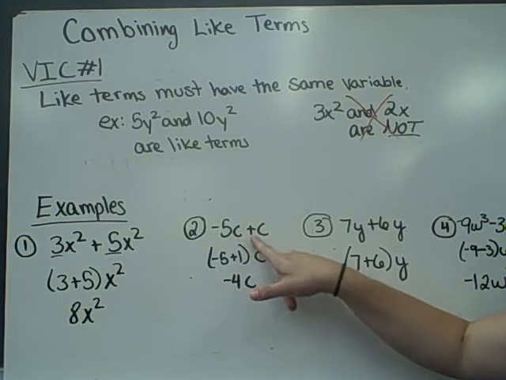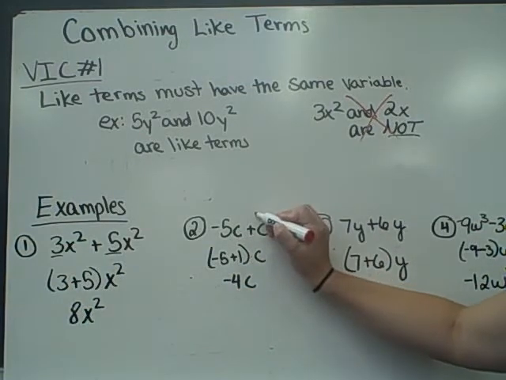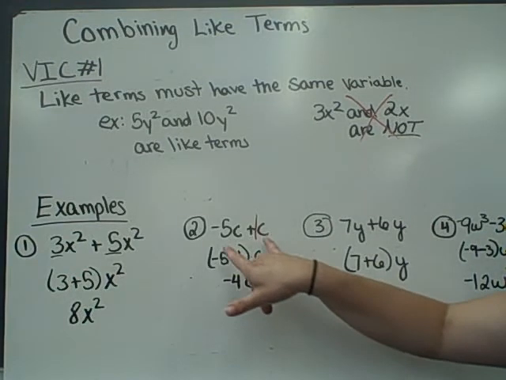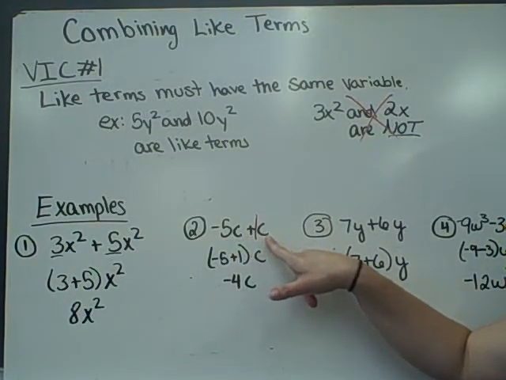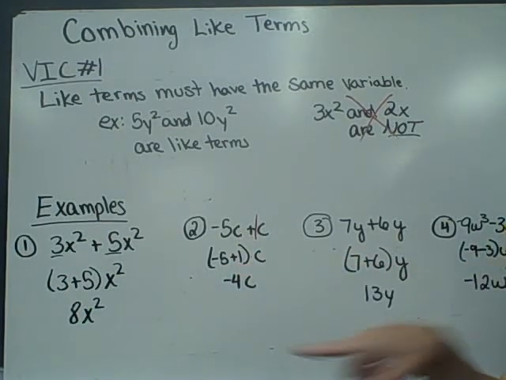Negative 5c plus c. Again, this is a 1c. They're not going to write the 1, but you need to know that it's there. So we would combine our coefficients because we have c. Those are like terms. So we would have negative 5 plus 1, which is a negative 4c. 7y and 6y. We would do 7 plus 6 is 13 and end up with 13y.